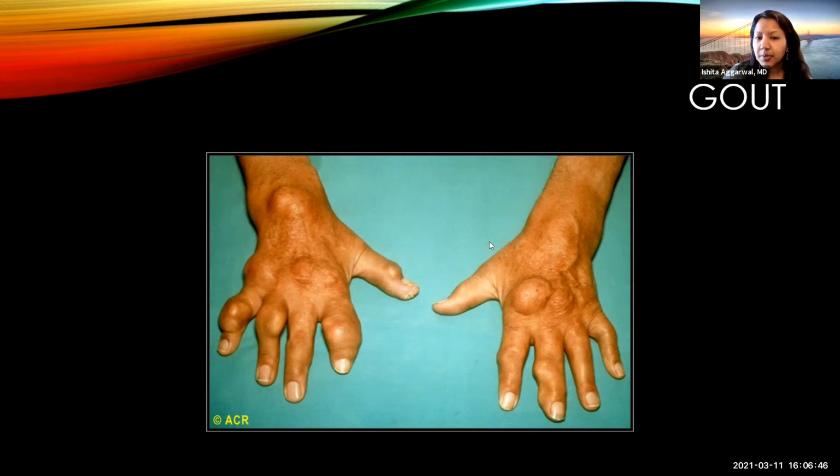We diagnose gout typically by removing joint fluid if there is a very swollen joint and demonstrating the presence of these uric acid crystals under the microscope. In most patients with gout, the uric acid level is also elevated during the episodes where the patient is not having any gout flares, although during an acute gout attack, the uric acid level may be low.